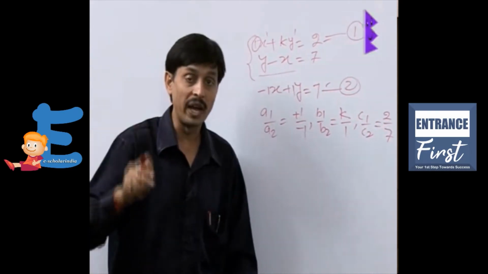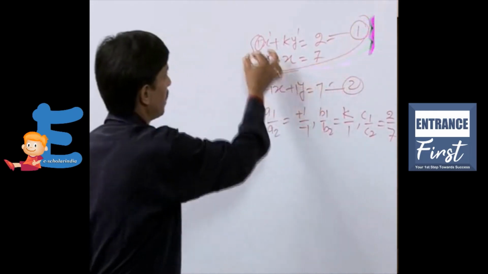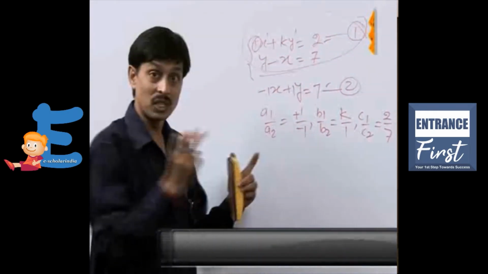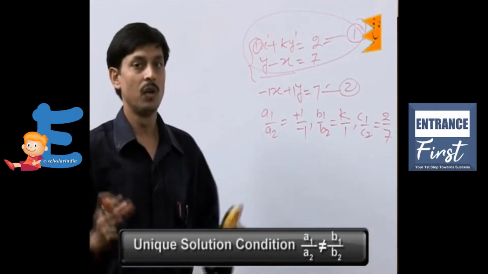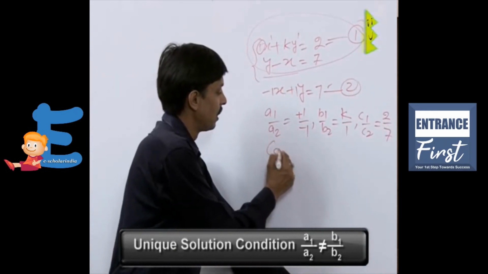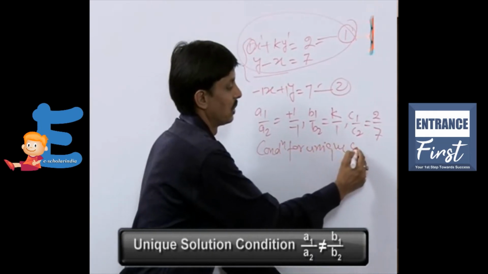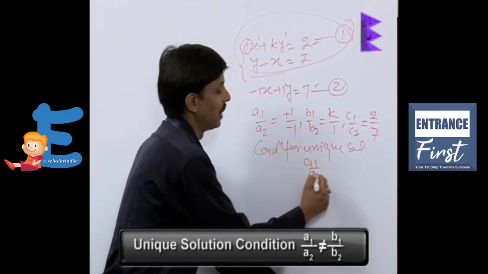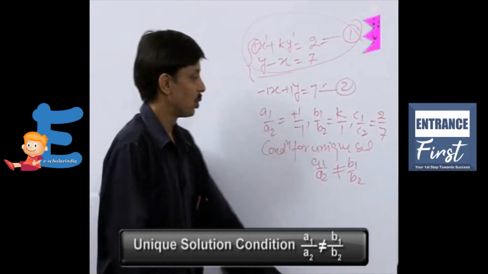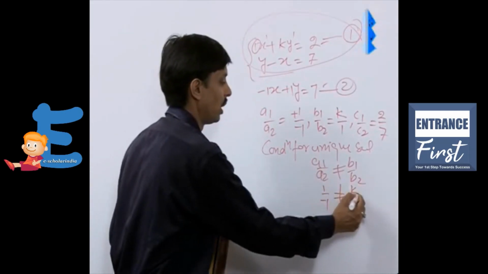As I have told you, find the value of k so that this given system has a unique solution. You must remember the condition of unique solution. What is the condition for unique solution? It is a1 by a2 is not equal to b1 by b2. So a1 by a2 means 1 upon minus 1, not equal to k upon 1.